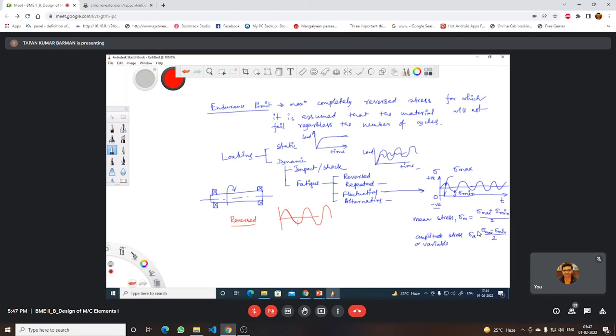It should be the same amplitude, like this. This is the origin, sigma, this is the positive side, this is the negative side, and this is basically your time. Now here you see, sigma max is this amount, sigma minimum is this amount.